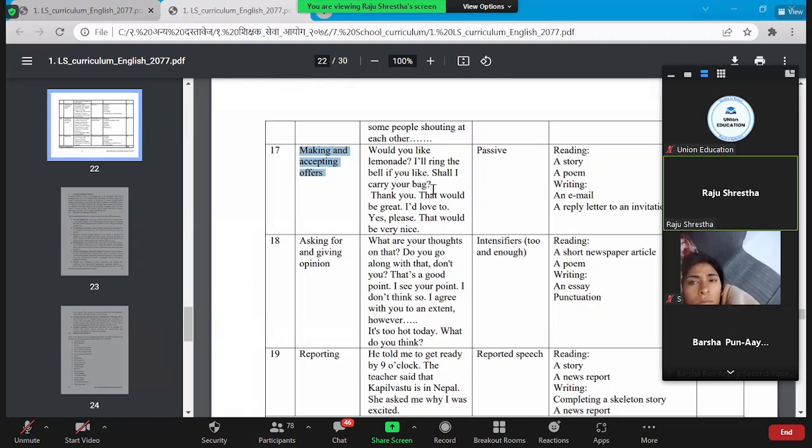You are just offering. Offering means you want to help him or her. Thank you. This is a response. That would be great. I would love to. Yes, please. That would be very nice. These are the responses. So making offers, accepting offers, rejecting offers. These things we can do.